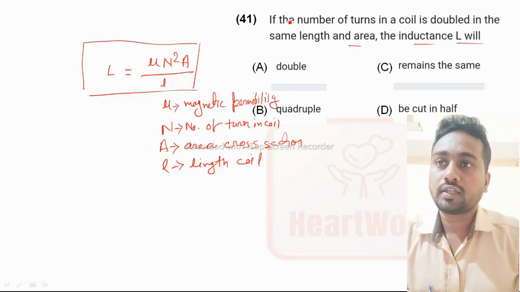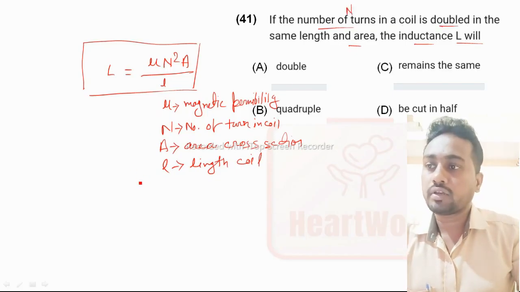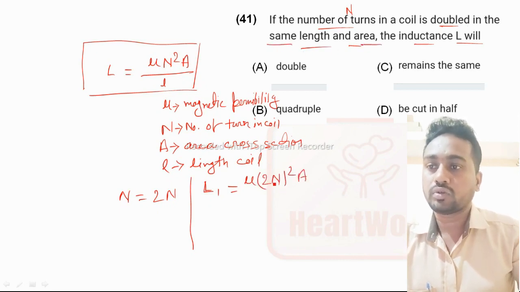In this question it is saying the number of turns, that is n, is doubled. When n becomes 2n, we have to find the inductance. Let L1 equal mu times (2n) whole squared times A, divided by l. Length and area are the same.